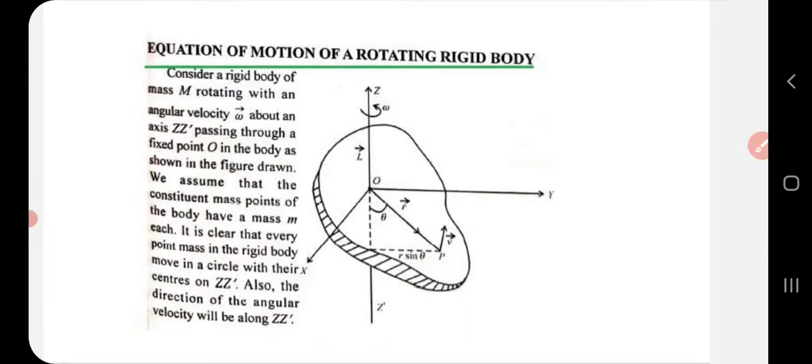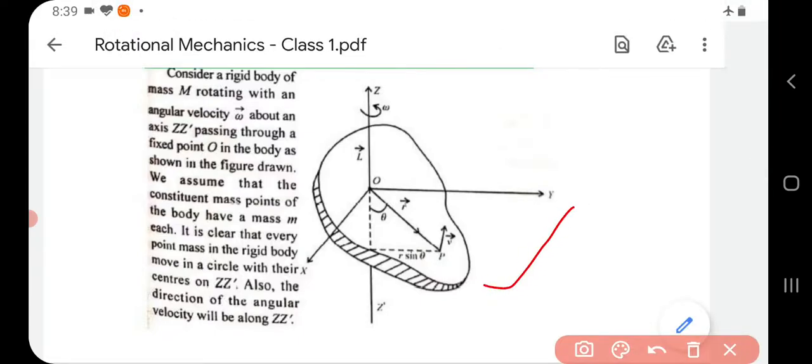The definition that I have just said, and also mention what happens when a rigid body rotates about an axis, and after that you draw this figure. Then write the sentence: consider a rigid body and let its mass be capital M. Let it rotate with an angular velocity omega about the axis of rotation z dash.